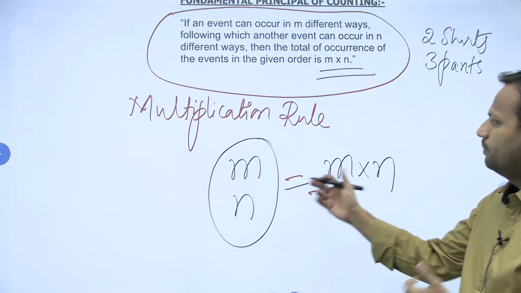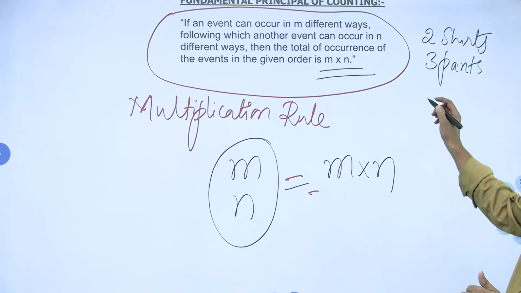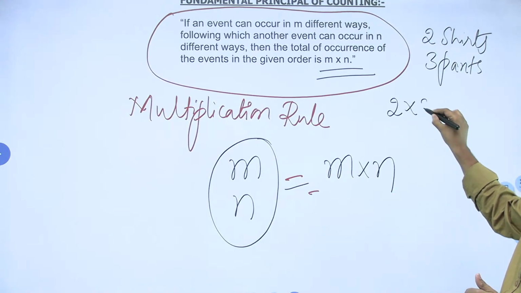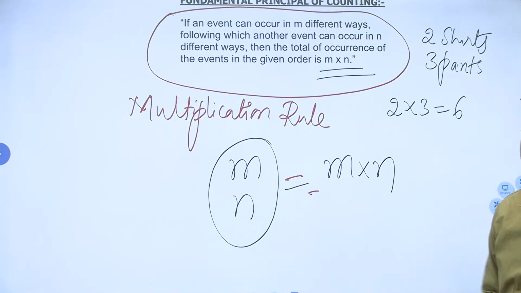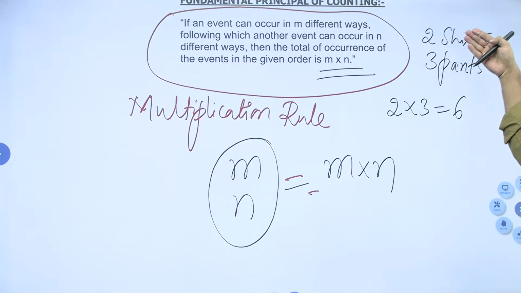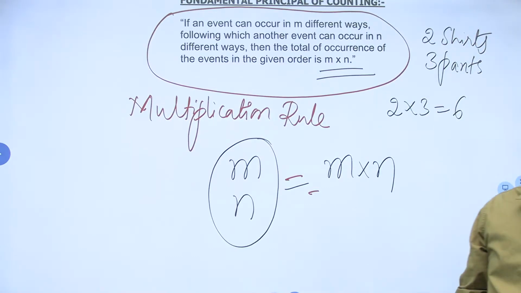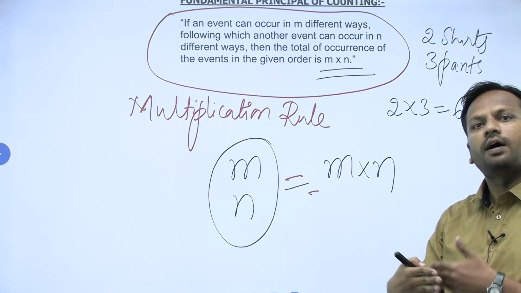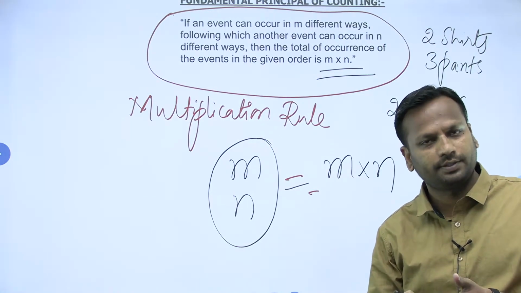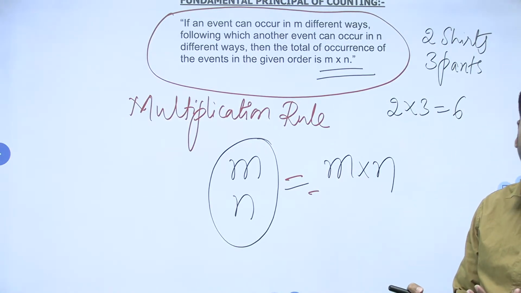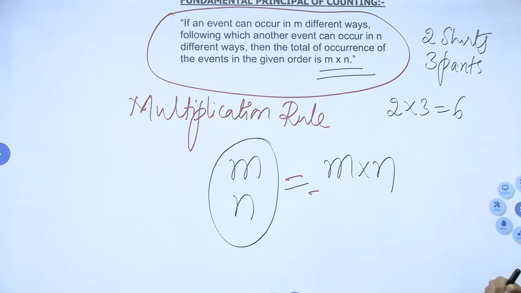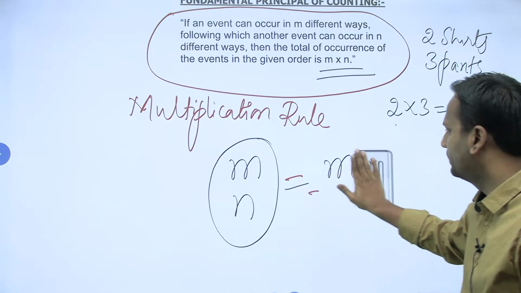The multiplication rule says you have to multiply these two numbers, 2 into 3, that is 6 ways, right? Wearing a shirt is one task, wearing a pant is another task. These two tasks occur simultaneously, students, right? So this can be done in 2 into 3, that is 6 ways I can wear this outfit.